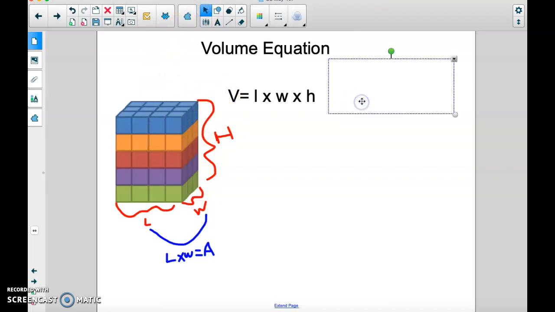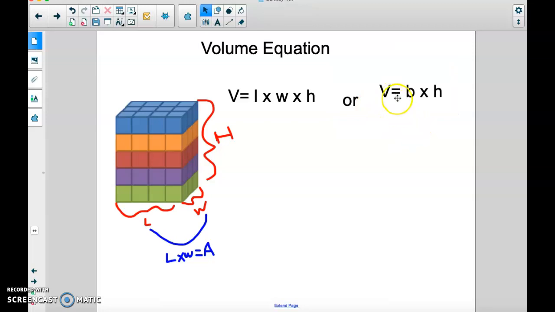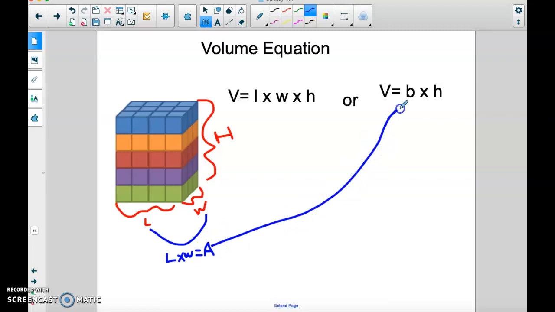So we can also use this equation. Volume is base times height. Area is equal to base. Okay? So if we think about this one, this is base. And then your height. Okay?